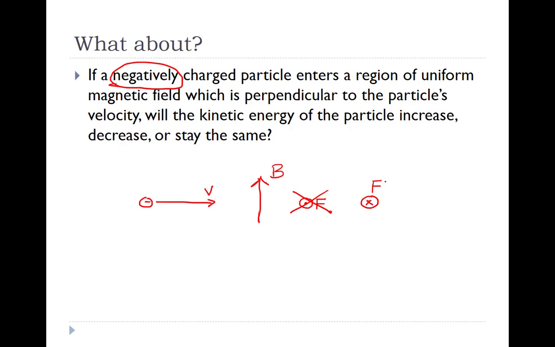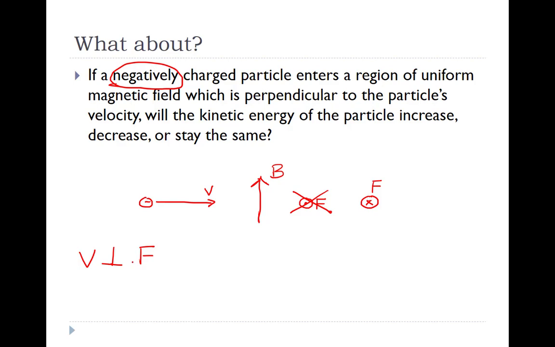So instead of pointing out of the page, it will point into the page. Okay, that doesn't answer the question, but it does get us to the answer, because we can see the velocity is to the right, the force is going to be into the page, which means V is perpendicular to the force.